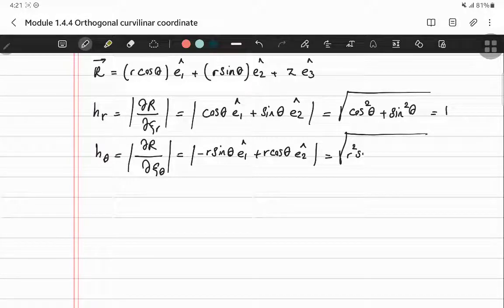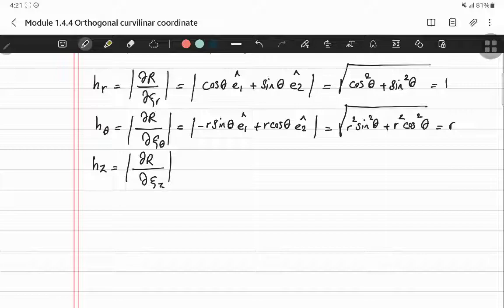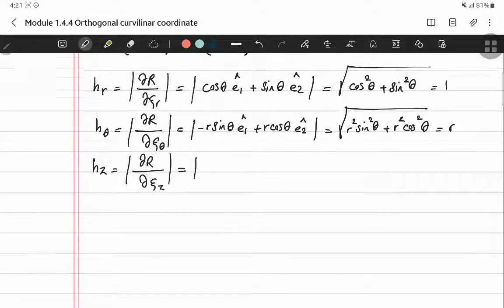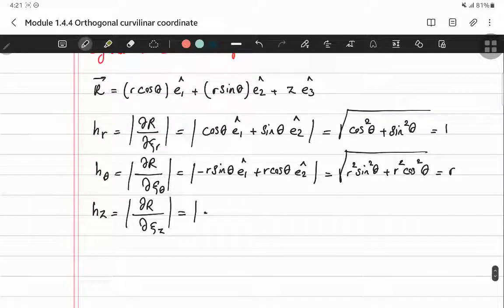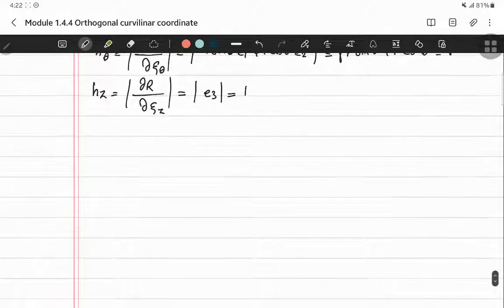So it is r squared sine squared plus r squared cosine squared, which is equal to r squared, so h theta is r. And you also have h z, the partial derivative of r with respect to z z. So this is equal to e3, so it is 1. So you see, you have h r as 1, h theta as r, and h z as 1.